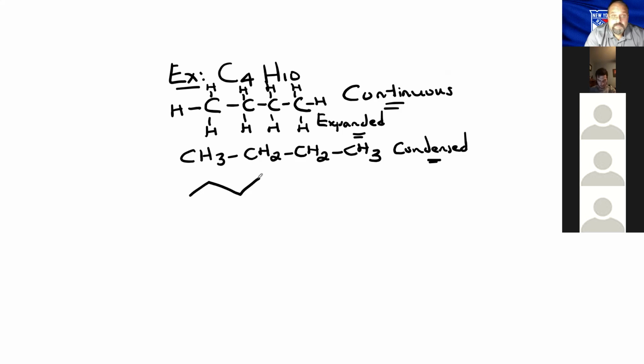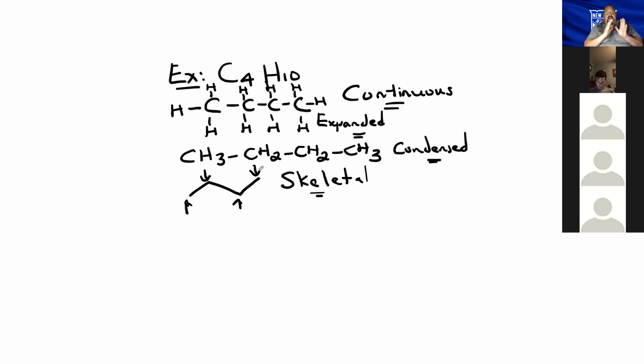No, it's still butane. Now, if you remember back to the notes, what type of structure do we have here? This is a skeletal structure where you'd have one carbon connected to the second, connected to the third, connected to the fourth. It's still four carbons in a row.